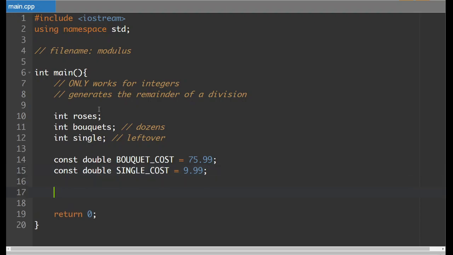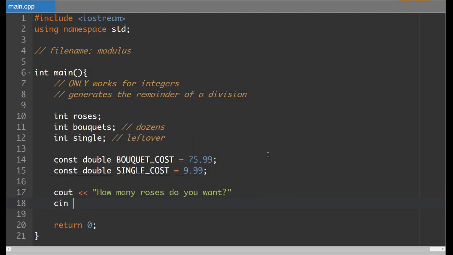So obviously, if you're getting a large amount, what you would rather do is get them by the dozen. So that's what this is going to represent. So what we need to do is we're going to start by prompting the user for how many roses they want. So how many roses do you want? There we go.